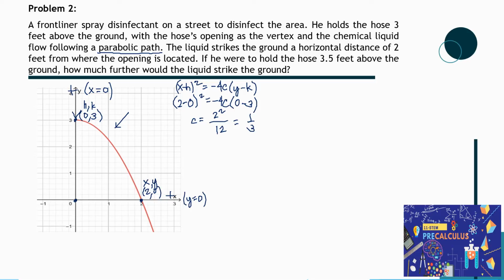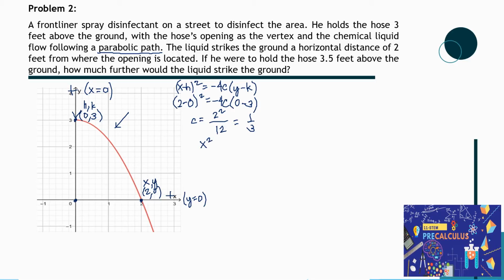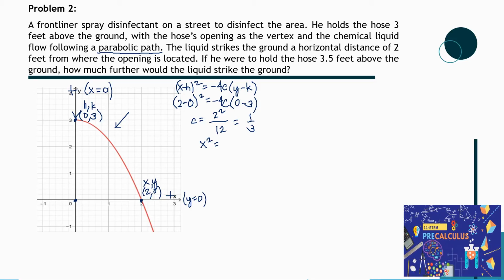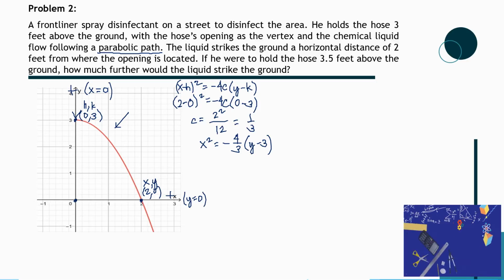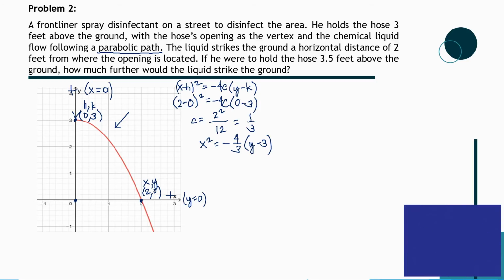Since h is equal to 0, x minus 0 is still x, so x² equals negative 4 times c, which is 1/3, so negative 4/3 times (y − k), since k is equal to 3, therefore (y − 3). So this is now the equation of the parabola that represents the chemical liquid or the disinfectant.